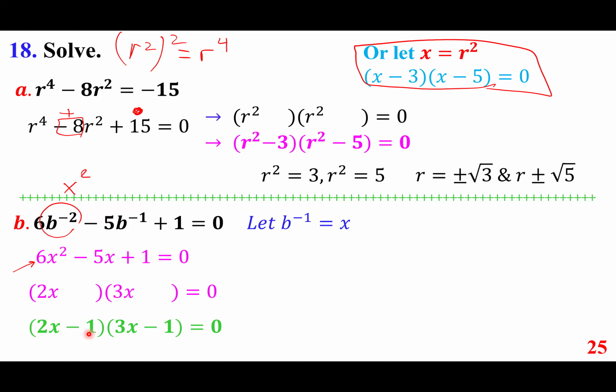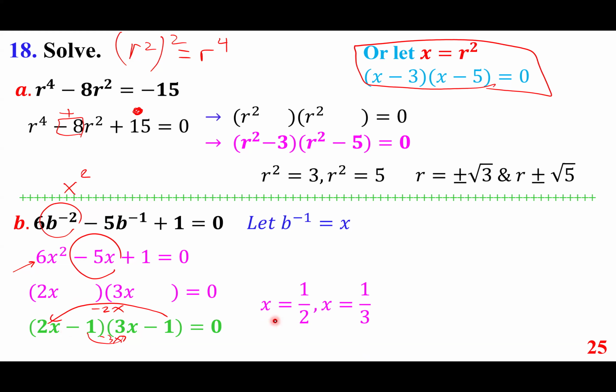here's what happens, everybody. The product of these two, negative 3x, these two negative 2x, and you get the middle term. So x is either 1/2 or 1/3. This says x is 1/2, this says x is 1/3.